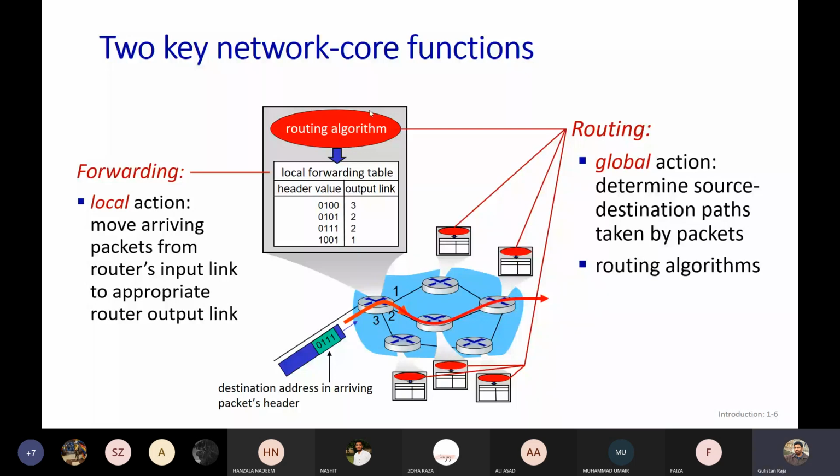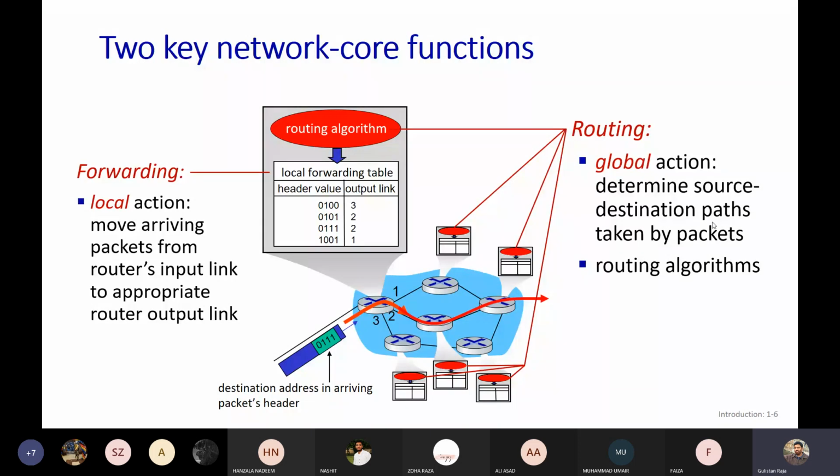It is the key component in routers, and it determines the source to destination paths taken by packets, meaning the forwarding tables are computed by the routing algorithm. So global action means routing algorithm, and the job of the routing algorithm is to determine the source to destination path.